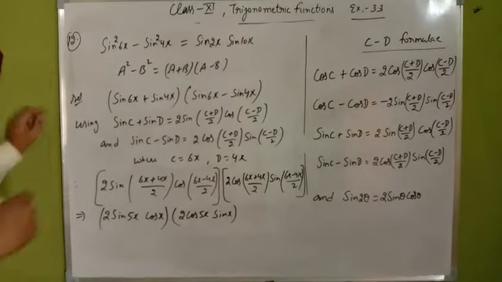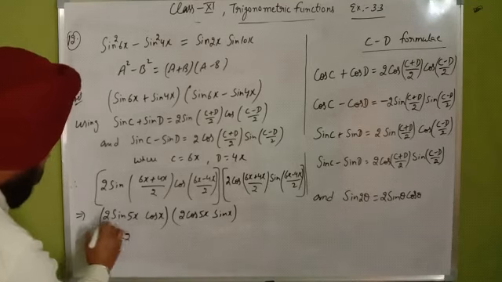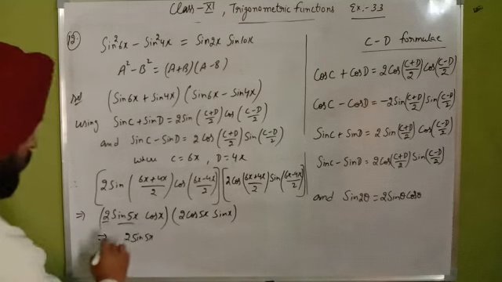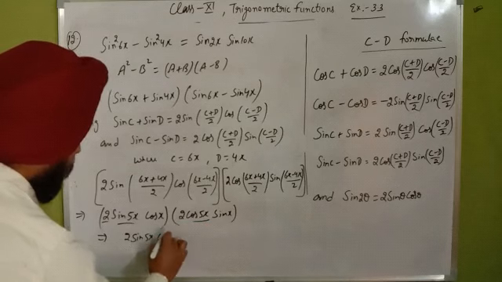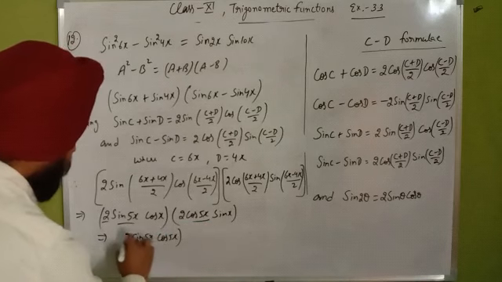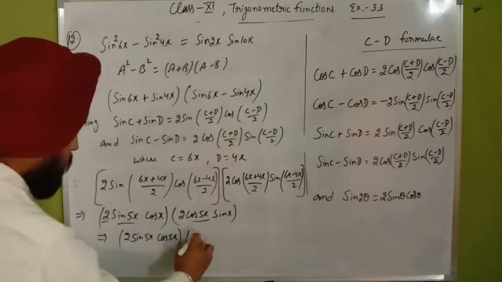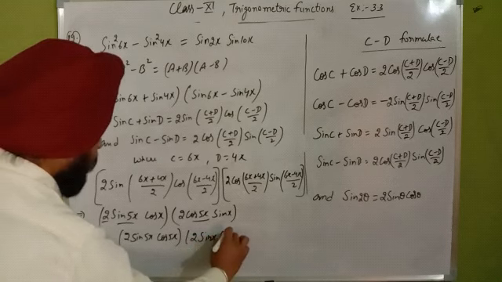It implies 2, first I write 2, then sine 5x, and they are both under multiplication, so I write cos 5x with sine 5x. So what is left now? 2 first, then sine x, then cos x.